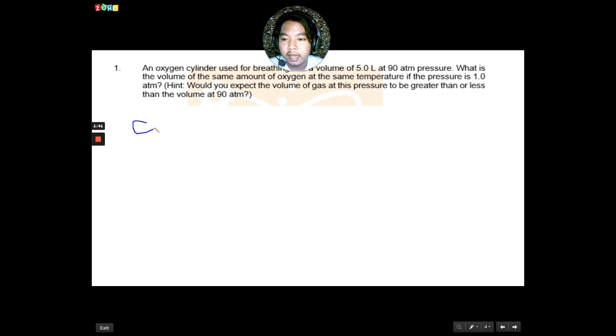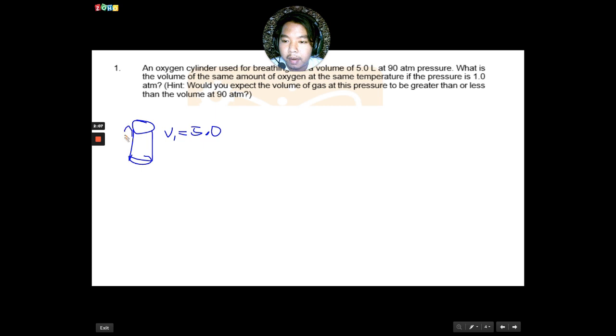So kunwari nakatulong sa akin ang may drawing kahit ang pangit ng drawing ko. So this is an oxygen cylinder used for breathing underwater. Currently daw, this has a volume of 5 liters. Alright, so the volume is 5.0 liters.